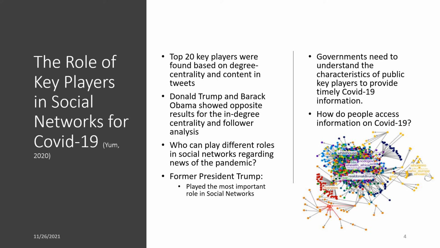It was found that although Barack Obama played a key role, his degree of centrality was low compared to Donald Trump, who showed the strongest impact on the social network. It was also found that organizations from other countries, such as the United Kingdom, played an important role in communication networks. This information is important for health officials to get a perspective on the landscape of pandemic-related discussions in order to better choose risk communication methods in the future.